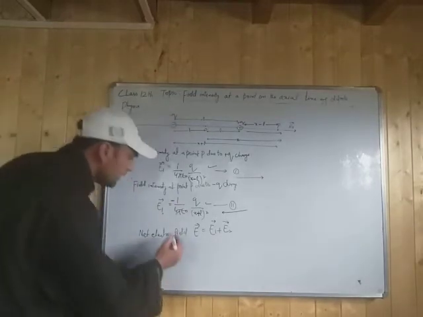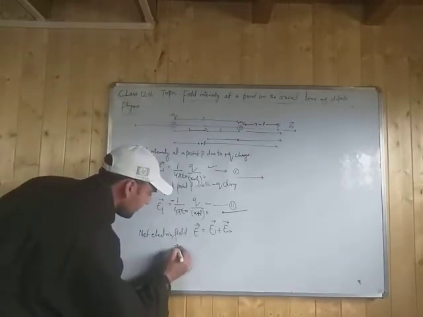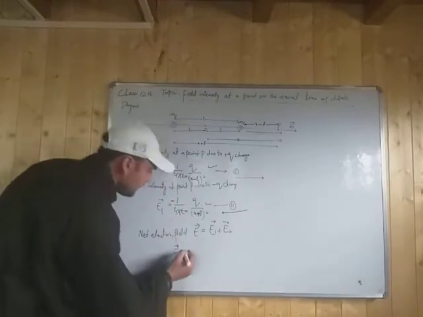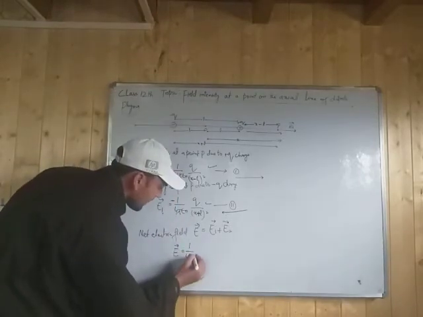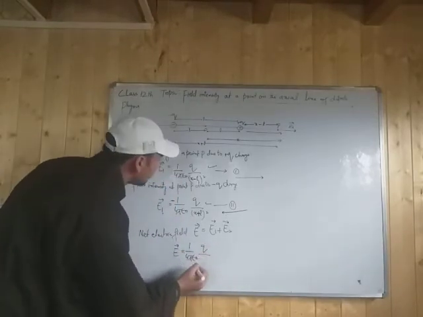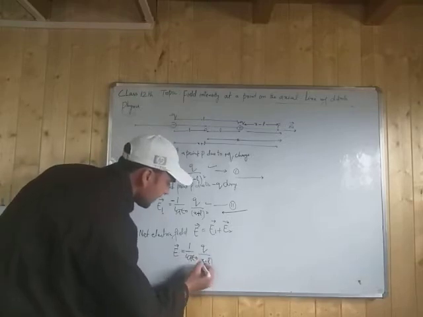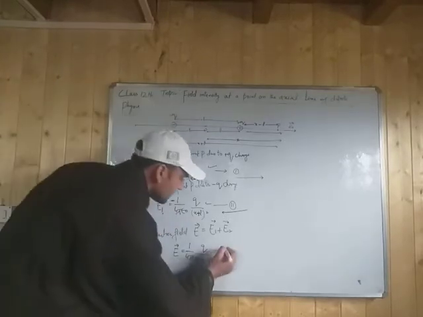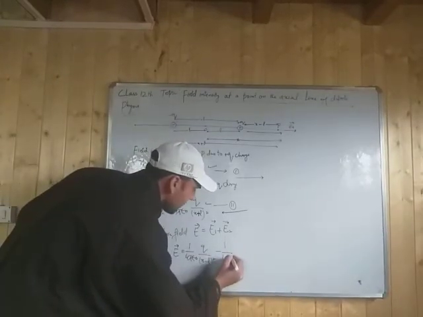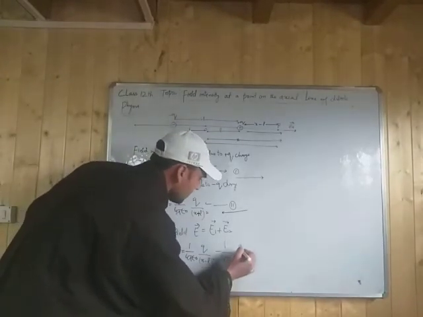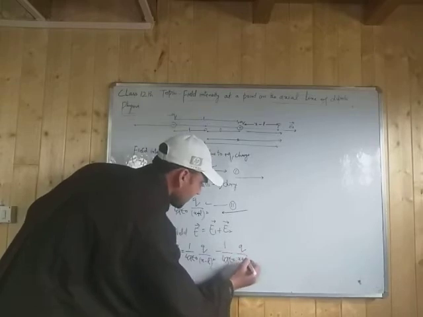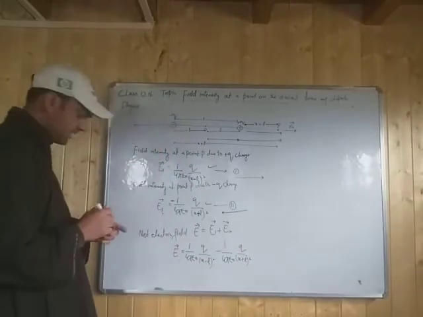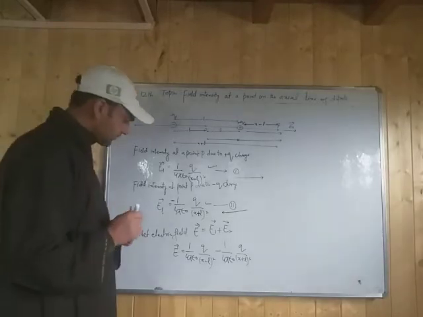So we can write the electric field E is equal to 1 divided by 4 pi epsilon naught, Q divided by x minus L whole square, and now minus 1 divided by 4 pi epsilon naught, Q divided by x plus L whole square.